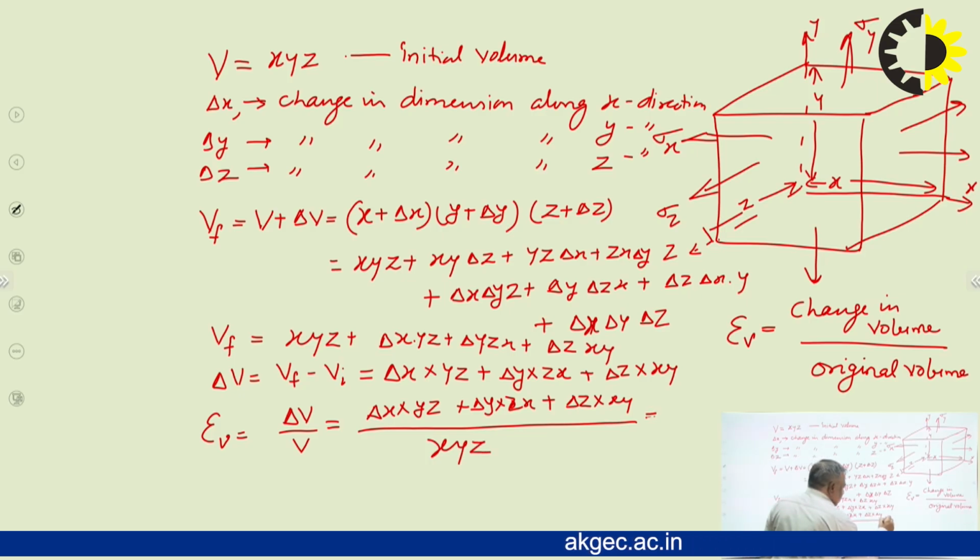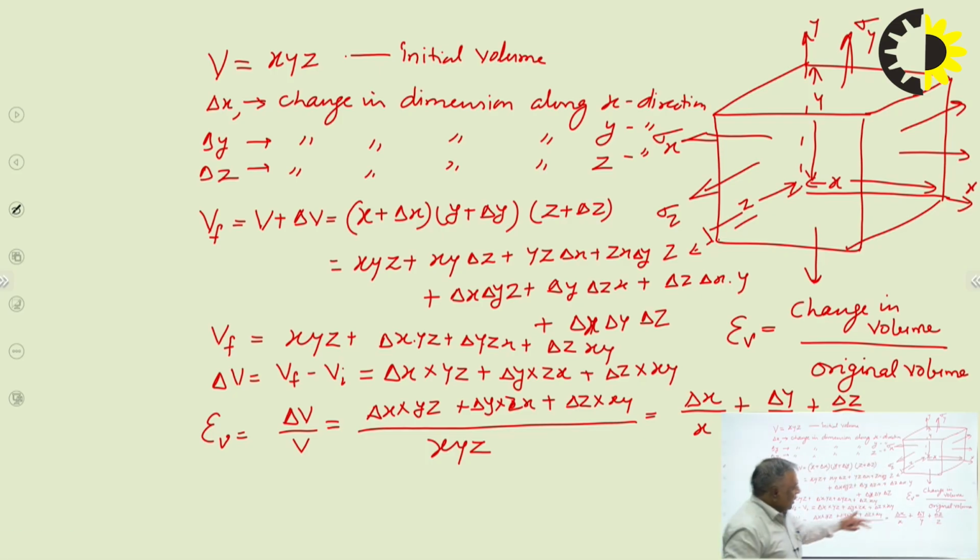This will come out as delta x upon x plus delta y upon y plus delta z upon z. Delta x upon x is nothing but the change in dimension along the x-axis to the original dimension in the x direction. This ratio is known as the net strain along the x direction.